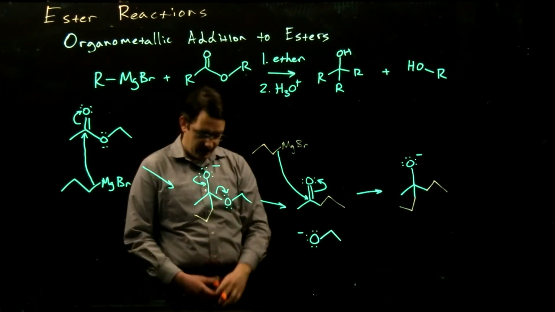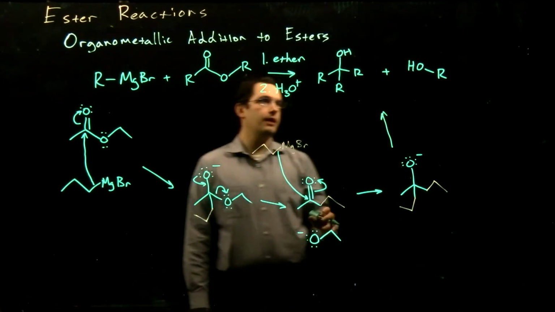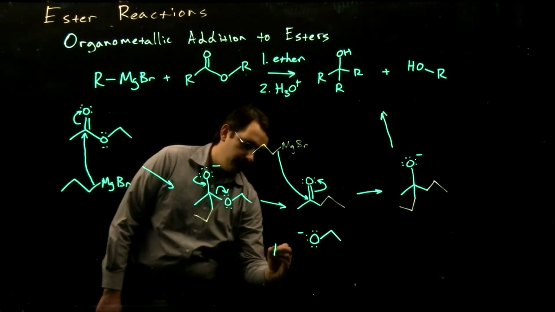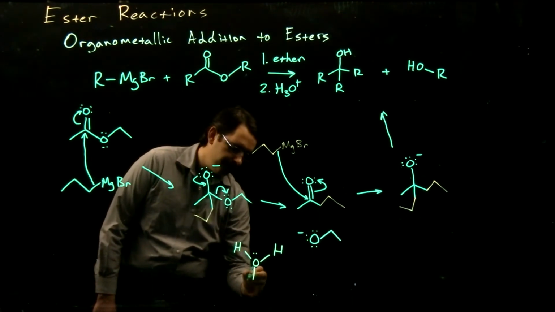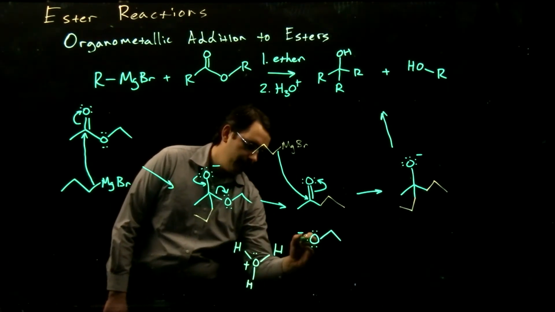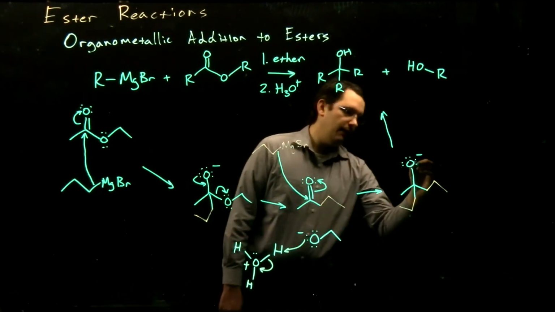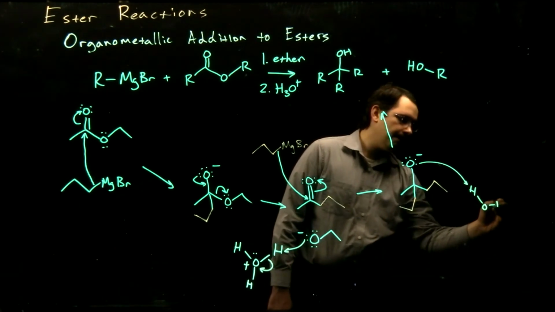And then, of course, that second step with the acid is just going to serve to protonate our compounds to get us to our alcohols. Right, so we bring in acid over here, and we can react with our alkoxide. We protonate our alkoxide to form ethanol, and we'll protonate our tertiary alcohol here.